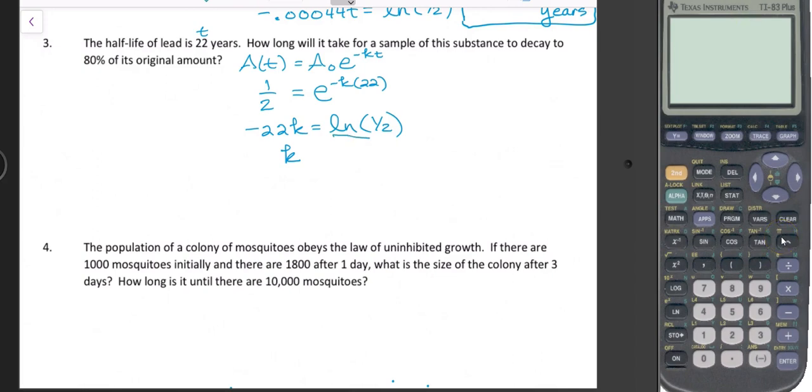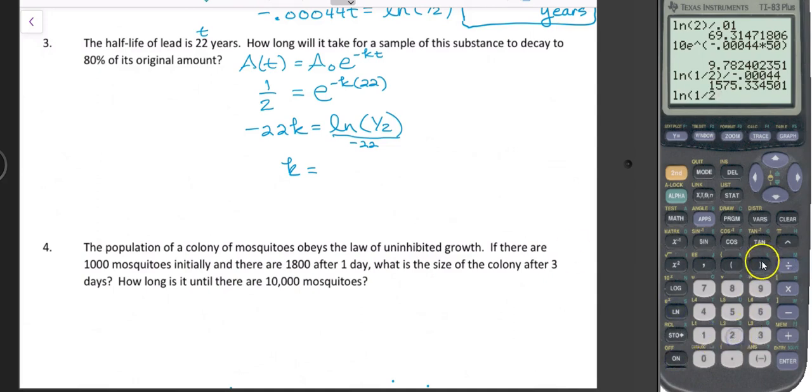I'm going to divide both sides by negative 22. So I'm going to do on my calculator, take the natural log of 1/2 and divide that by negative 22.